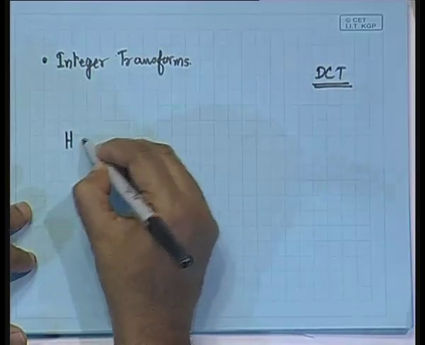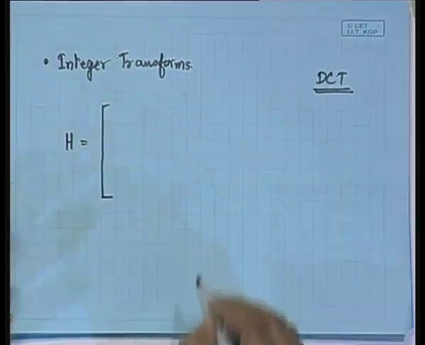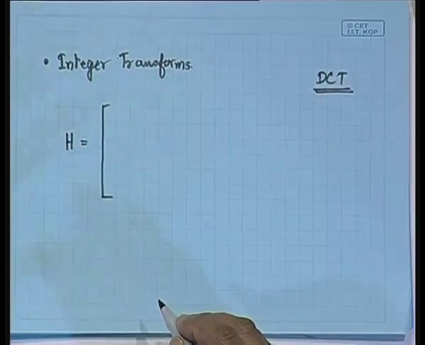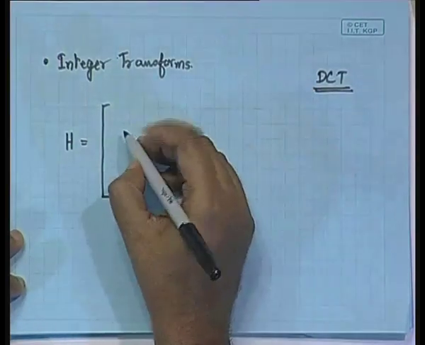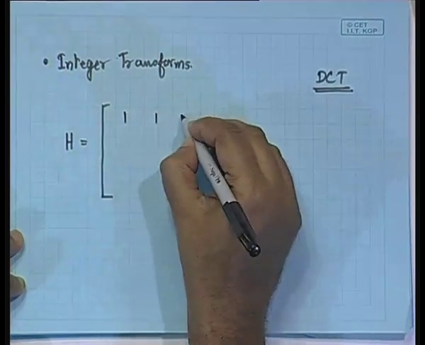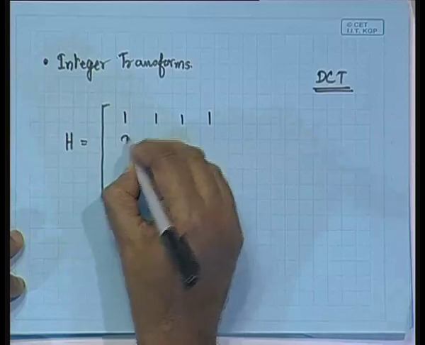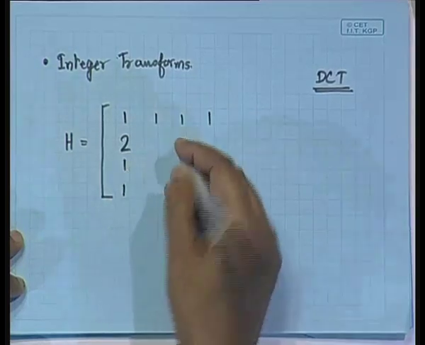The integer transform is applied on 4 by 4 blocks, not on 8 by 8. In the earlier standards 8 by 8 was followed, as I mentioned in JPEG also, and even in standards like MPEG 1, MPEG 2, everywhere the block size is treated as 8 by 8. But in H.264 the integer transform has a transformation kernel having these entries.